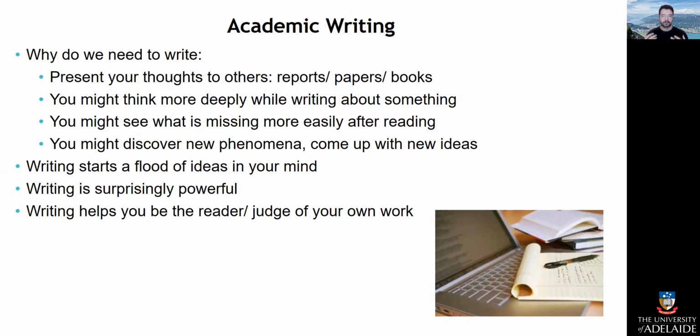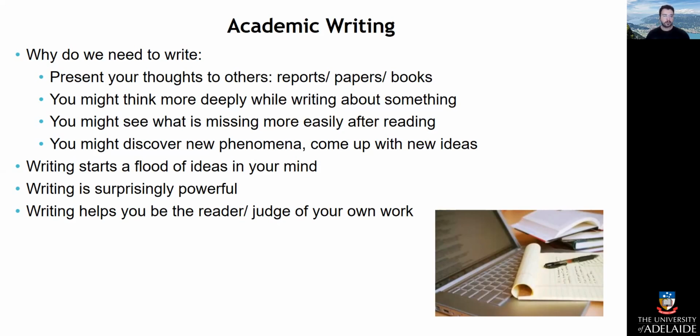Because when you write, you think more deeply about what you're writing. And you actually need to develop this skill of being critical of yourself. So as you write, you think about it, you question the things that you write. Again, we are talking about academic writing, which we are going to see is a little bit different from writing essays or other things.